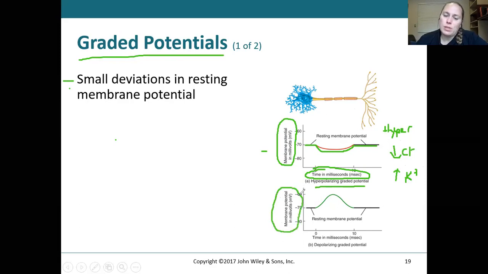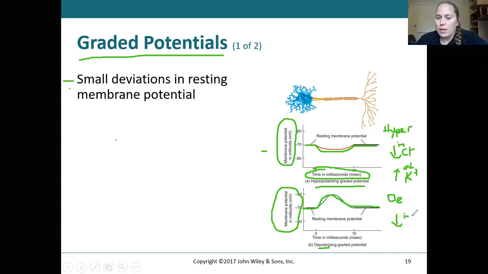Second, you have a depolarization. Again, you have that resting membrane potential of minus 70, the cell becomes more positive and then comes back down to resting membrane potential. What causes a depolarization? Well, the cell becoming more positive. This is in, this is out.